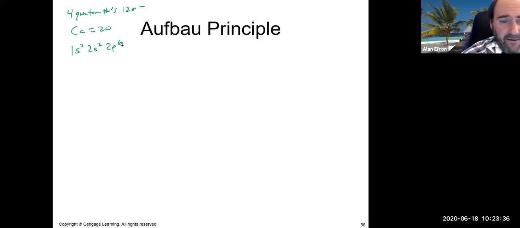So we're halfway there. After 2p, then we go to 3s2. And then we go to 3p6. And now after 3p6, if you look at the little zigzag, we actually go to 4s next. And it would be 4s2 in this case.